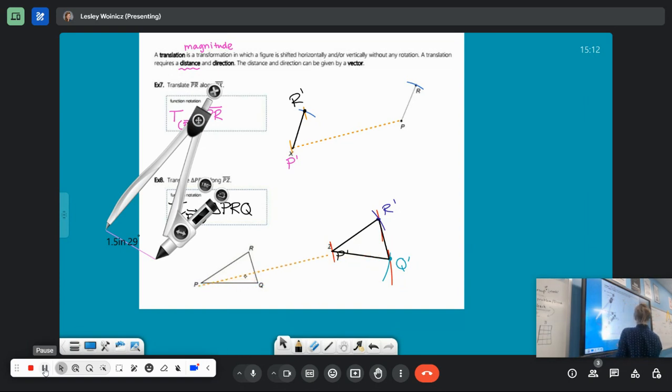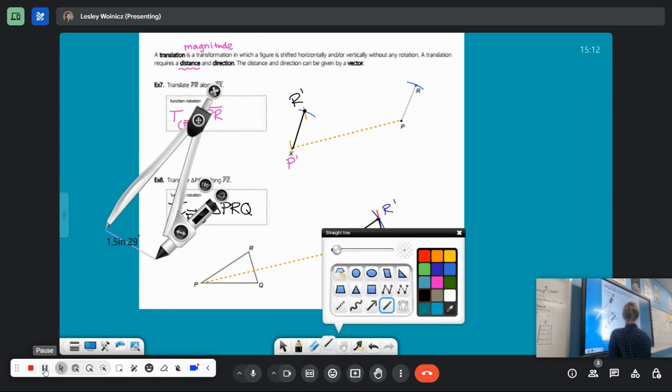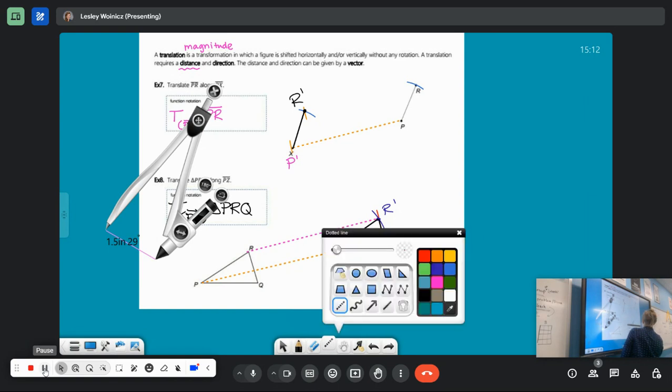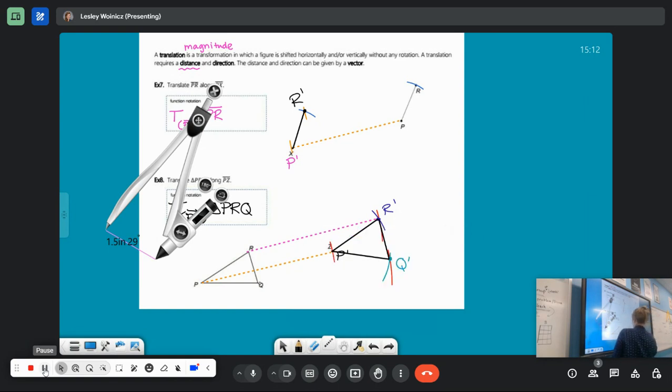But what I also want to show you is that if we connect R and R prime and Q prime, what do you notice about, well, see, I got this one in the wrong spot. So where they actually intersected on my picture, I just put my dot in the wrong spot. My arcs intersected in the right spot, but I put my point crooked. I should have put my point right there.